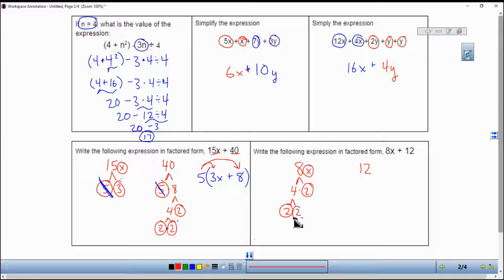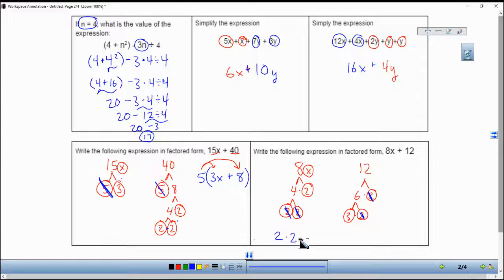Can't break that down anymore. 12 might be 6 times 2. Circle the 2. 6 might be 3 times 2. All right, so let's see what they have in common. They have a 2, and they have another 2.